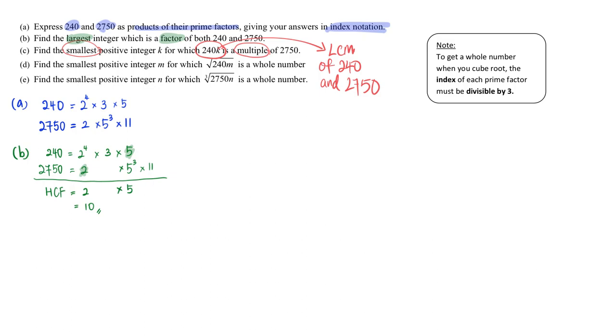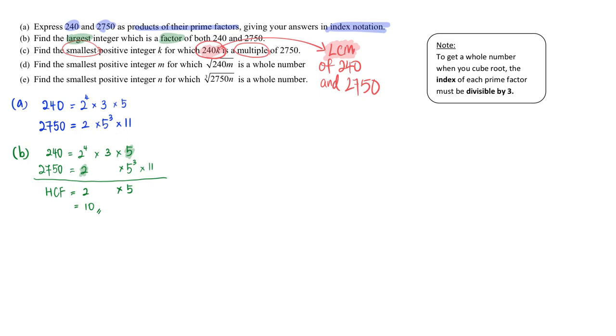The smallest already tells us it is supposed to be a lowest multiple, and because 240k has a factor 240 inside it, it is also a multiple of 240, and therefore we are actually looking at LCM.